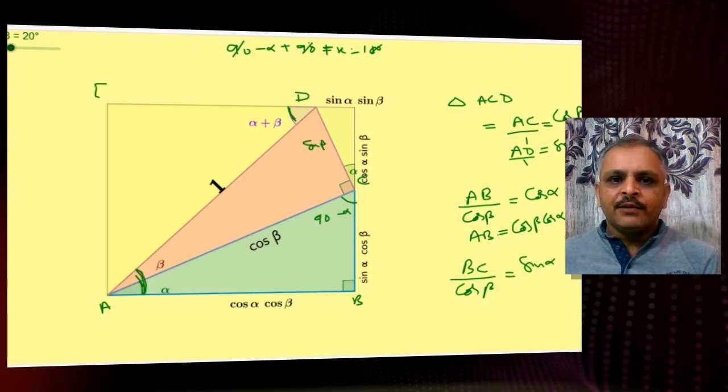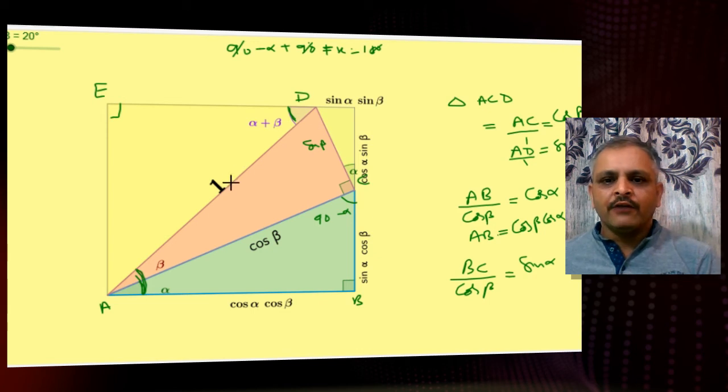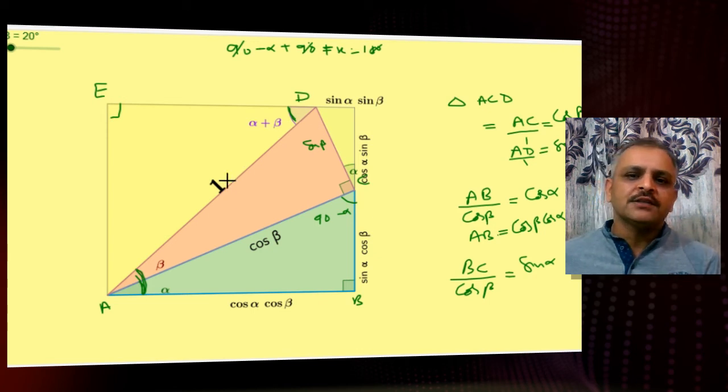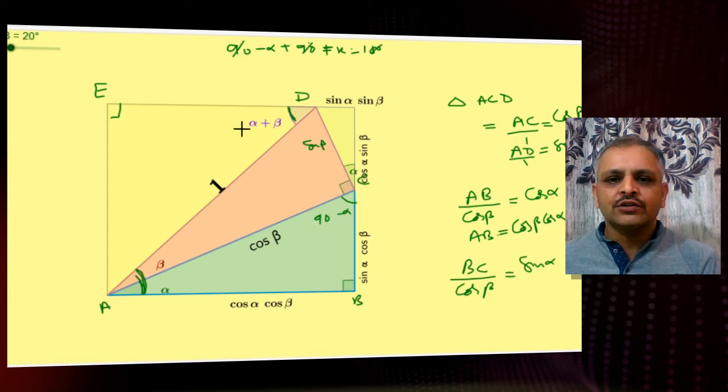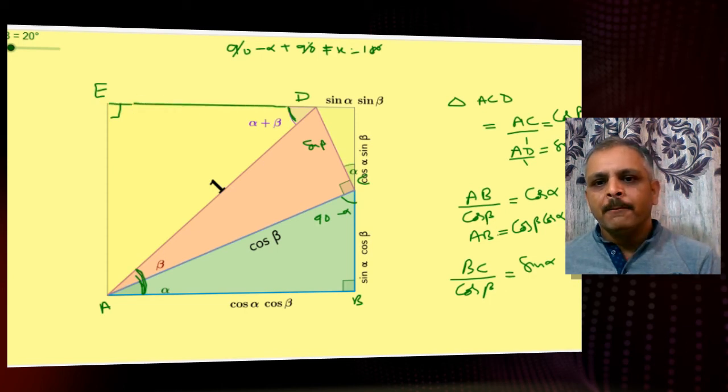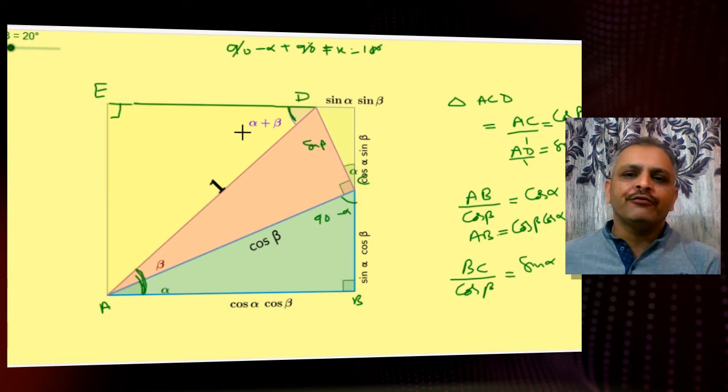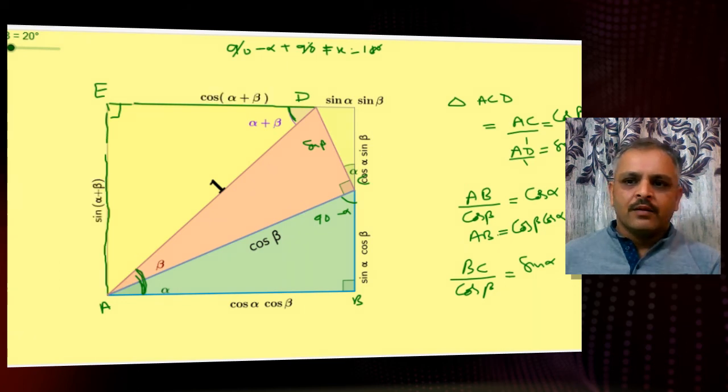Let's name this vertex as E. So triangle AED is also a right angle triangle. One will become the hypotenuse for this, and this will be cos alpha plus beta. ED is my base side. So the value of ED will become cos alpha plus beta, whereas the value of AE will become sine alpha plus beta.